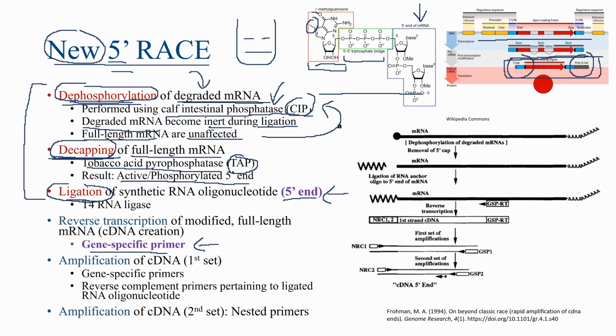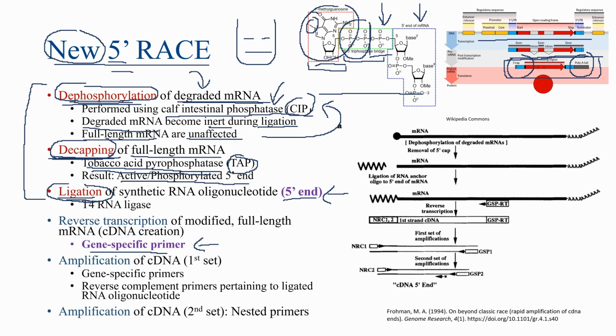And importantly, you should understand that the tobacco acid pyrophosphatase will cleave your triphosphate at this location such that it releases a pyrophosphate and your 5' cap. What you are left with is an active phosphorylated 5' end. By an active phosphorylated 5' end, we mean that you have a single phosphate group here that is able to engage in ligation with an RNA oligonucleotide, as we will do in the next step.